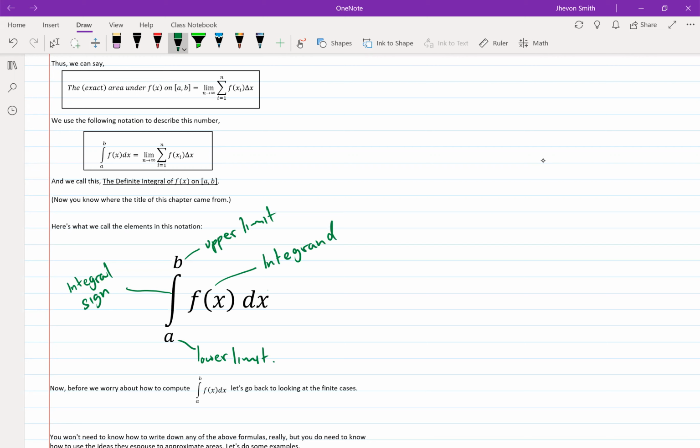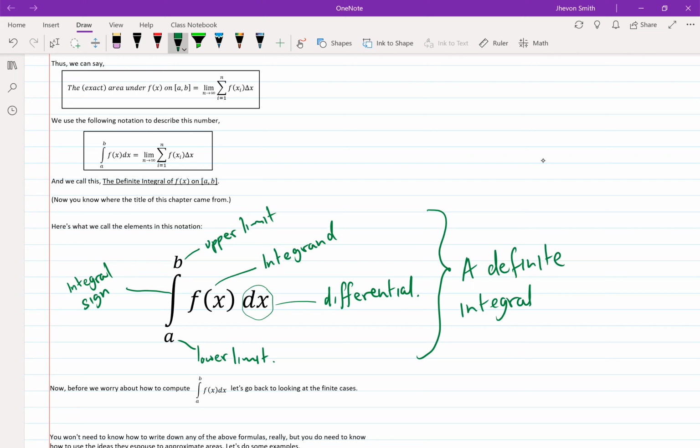And the dx is called the differential. And the whole thing is called a definite integral. So this thing is called the definite integral of f of x, the function on the interval.